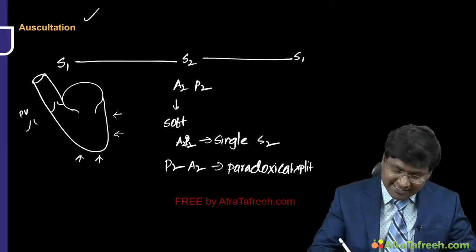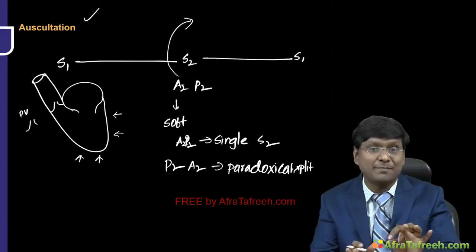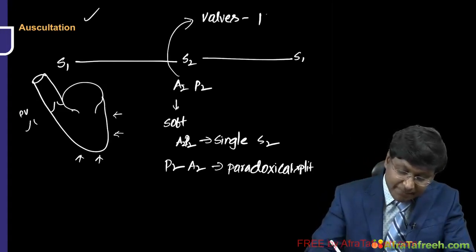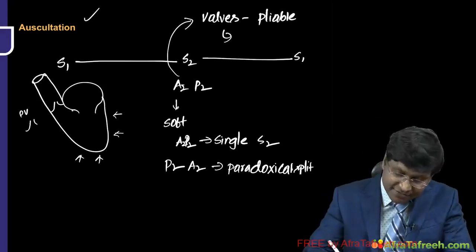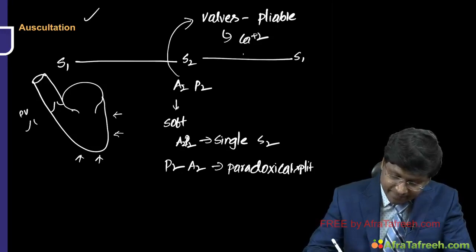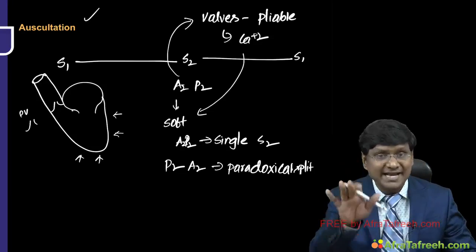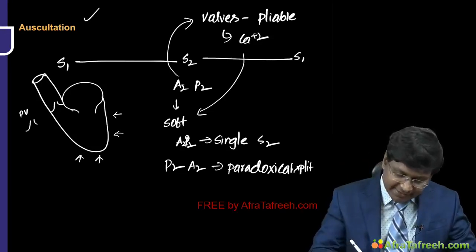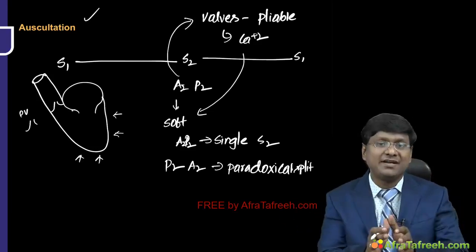You have to understand that you will be able to hear this A2 properly only if the valves are pliable in aortic stenosis. If the valves are calcified, then you will have a soft A2. The intensity diminishes.